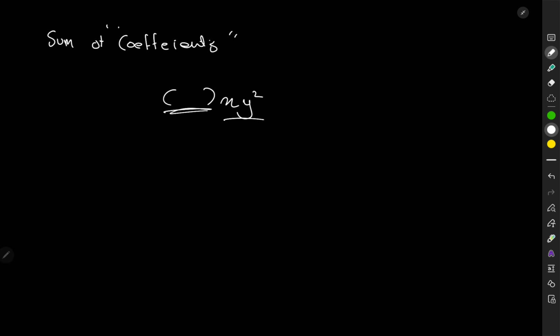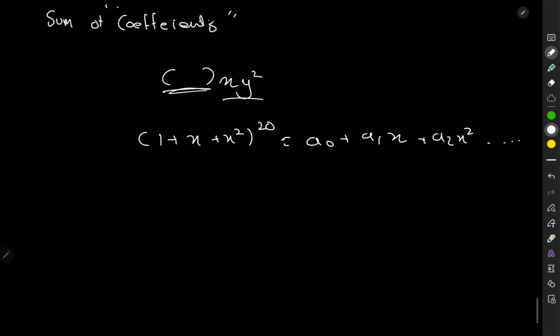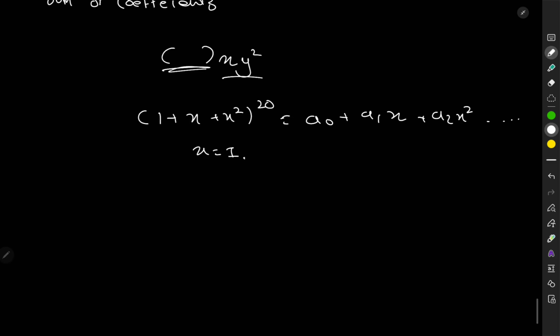Let's take an equation, and you will get something like this, right? Okay, it is a simple method. Put x is equal to 1. Okay, and what will you get? 3 to the power 20 will be the answer, the sum of all the coefficients. Fine, that's it.